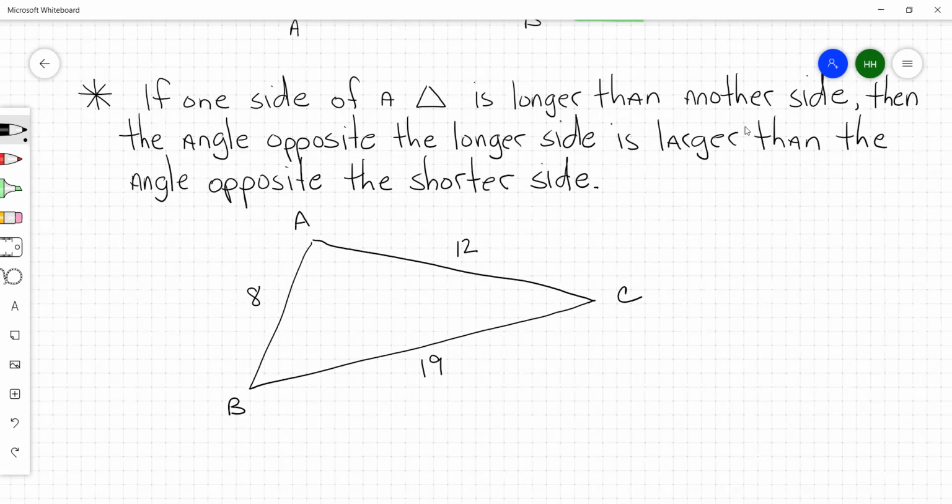And you are asked to order the angles from smallest to largest. Order the angles from smallest to largest.